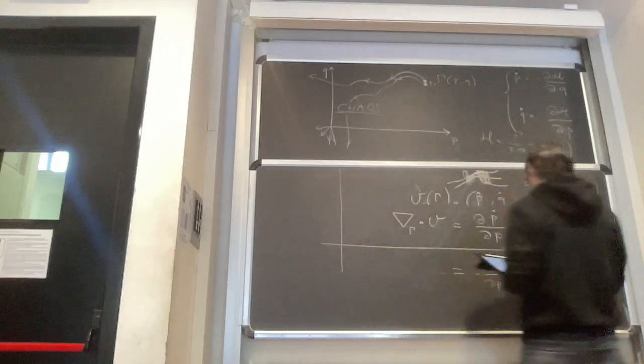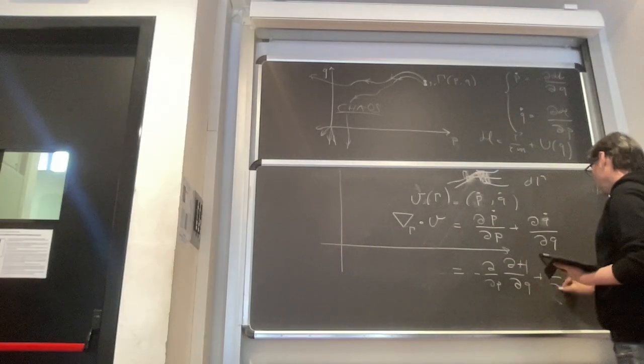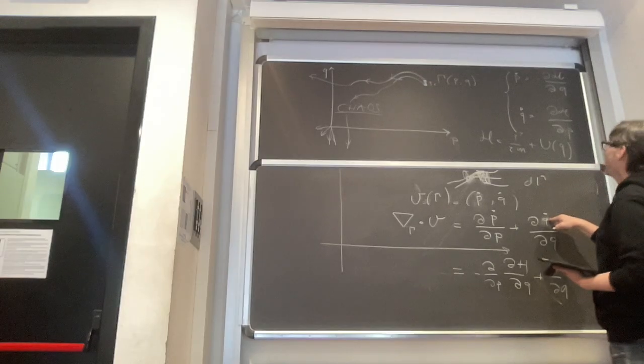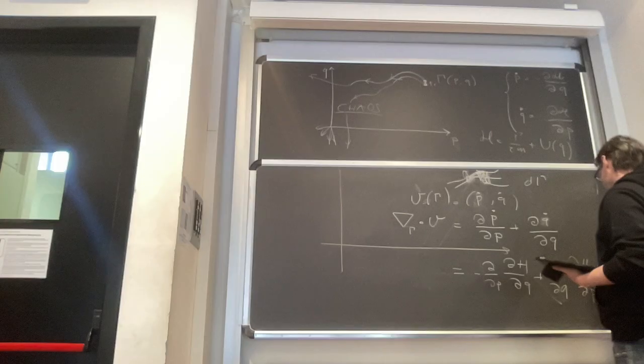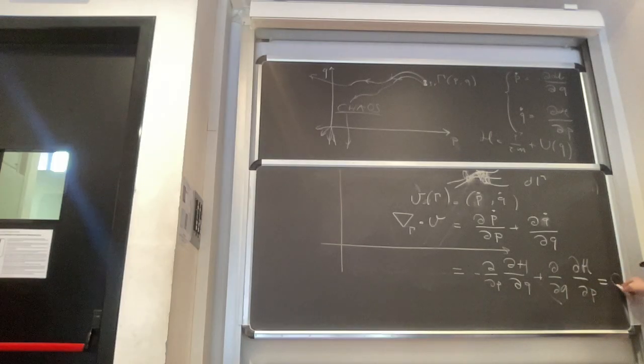And this is d by dq of q dot, but q dot is dH by dp. And beautiful result for Hamiltonian dynamics, they cancel out.